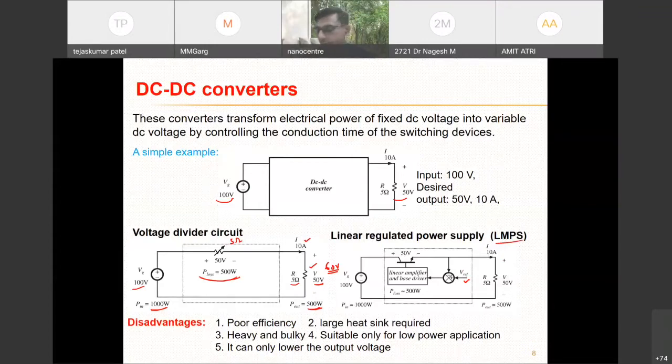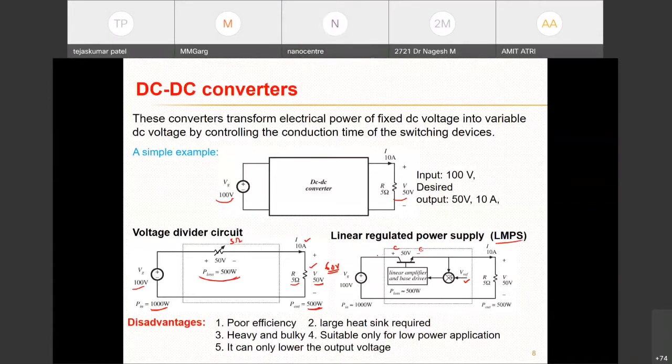So here a transistor is being used, and that is being operated in the linear region or active region, right? Depending upon the reference voltage, if we change this reference voltage by changing the knob, then it senses what is the present voltage and what is the new reference voltage.